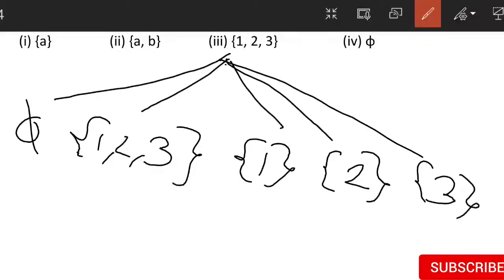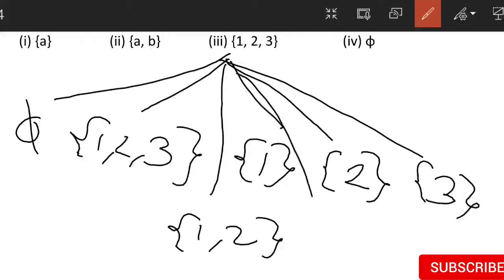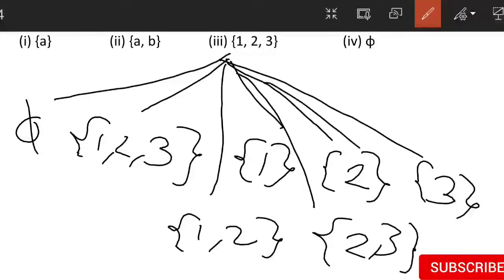What will be the next choice? Collect the two elements. So set of 1, 2 is a subset of given set, then next set of 2, 3 and set of 1, 3. So these are all possible subsets of this given set.